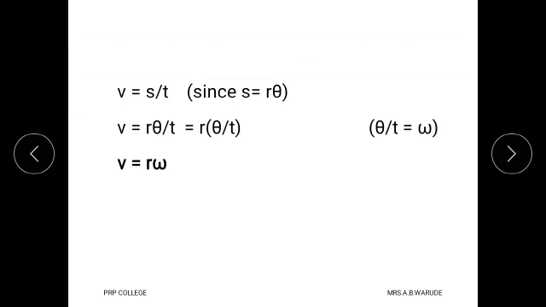Therefore the formula becomes V equals r omega, where V means linear velocity, r means radius, and omega means angular velocity. This is called the relation between linear velocity and angular velocity.